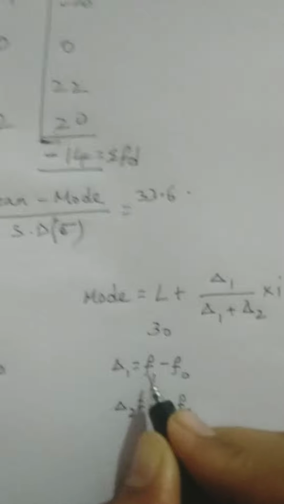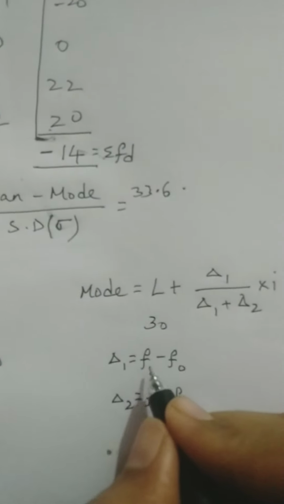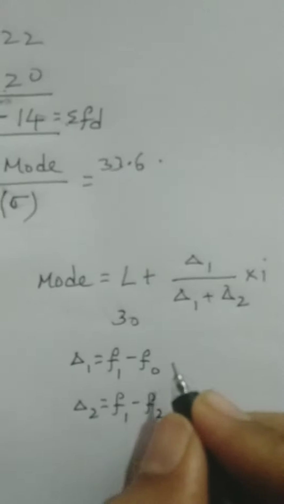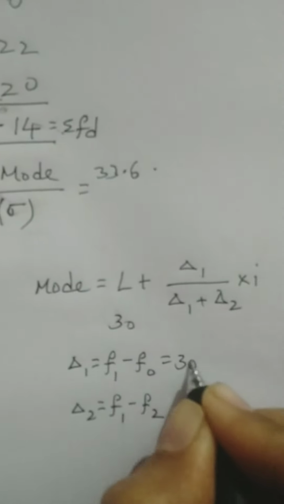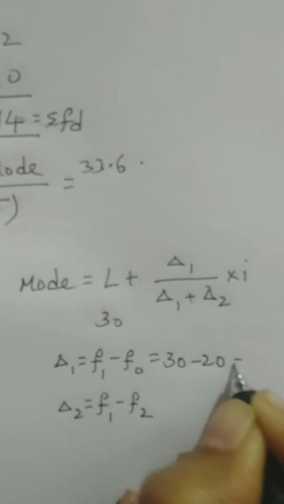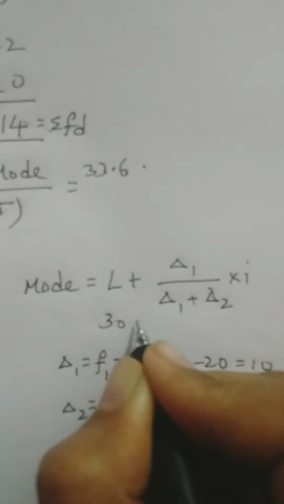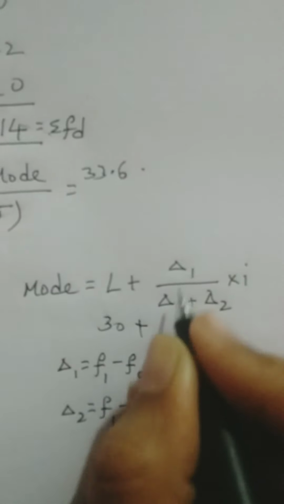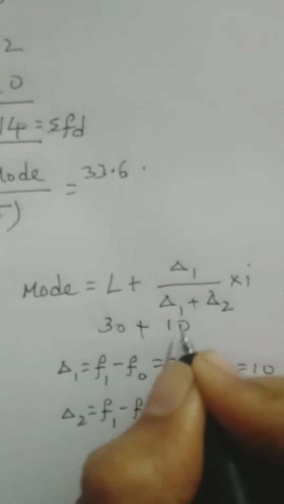Then for delta 1, I have to calculate F1 minus F0. What is F1? 30. I got F1 minus F0 is 20. So I will write here 30 minus 20 is equal to 10. So in place of delta 1 I am putting 10.